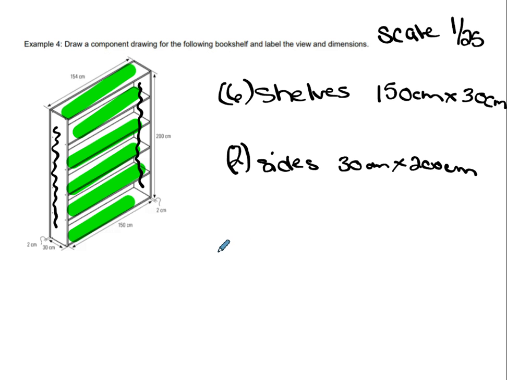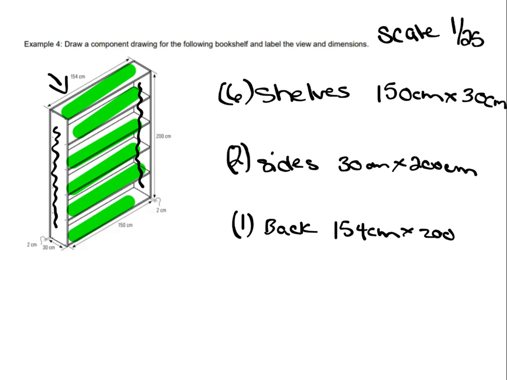And last but not least, I'm going to have a very back side. We don't really see it right here because there is no front side, so there'll be one of them that is going to be the back side, and it's going to be 154 centimeters by 200.